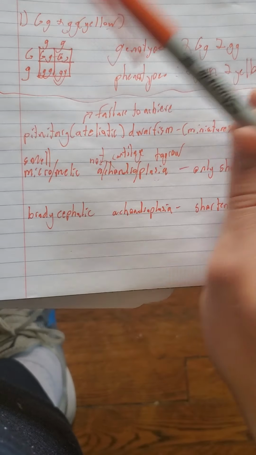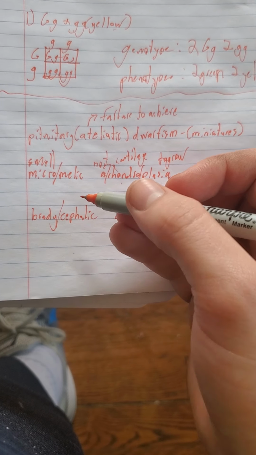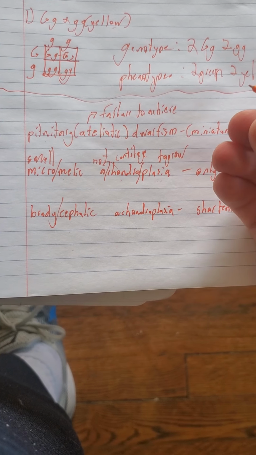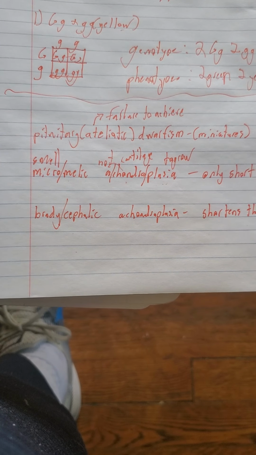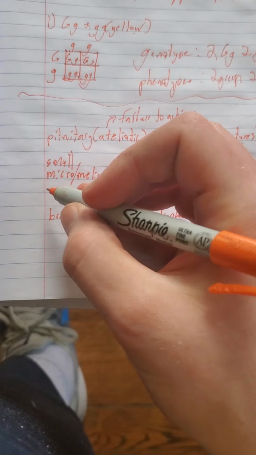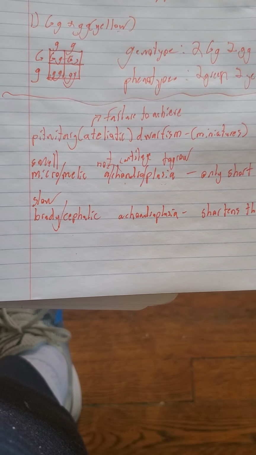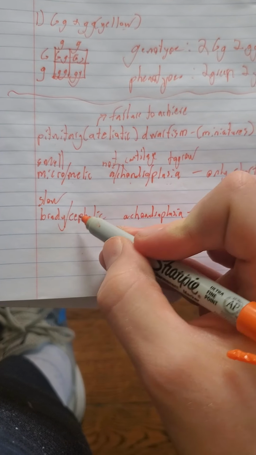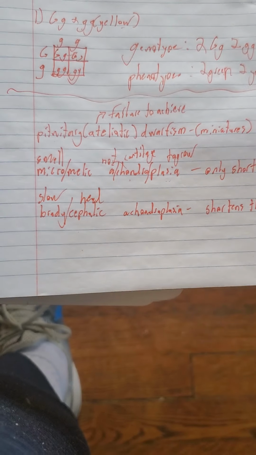Bradycephalic, another lofty Latin word, but we'll break it down. Brady is slow. If you've ever heard bradykinesia or anything in relation to your heart, it just means your heart is beating slowly. So we'll just write slow. Cephalic is the Latin derivative for head or skull.